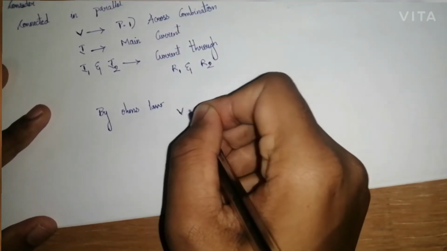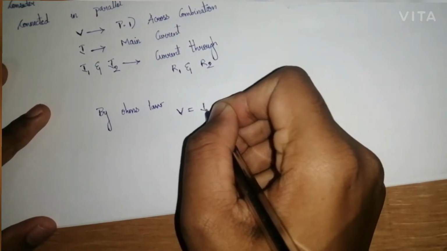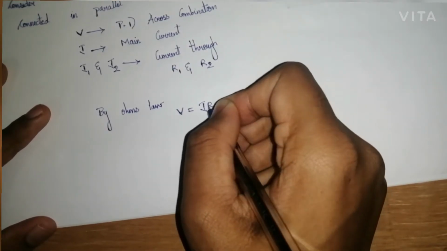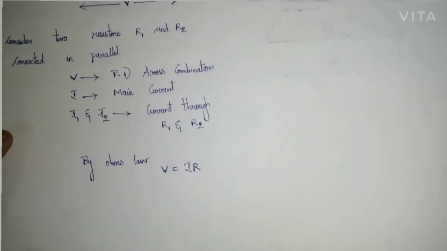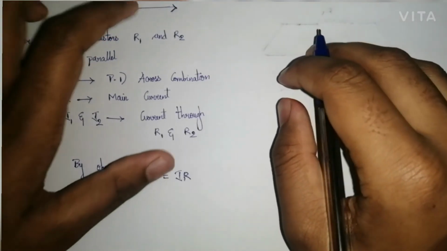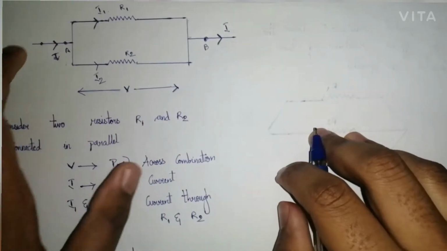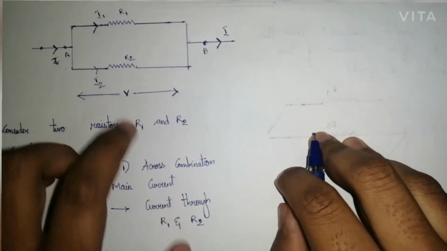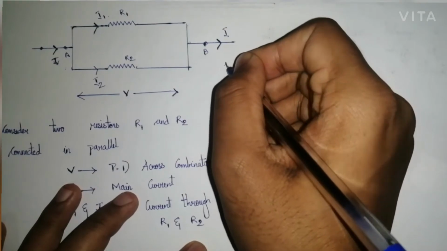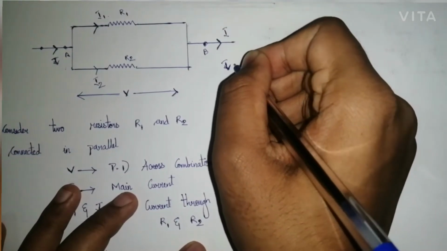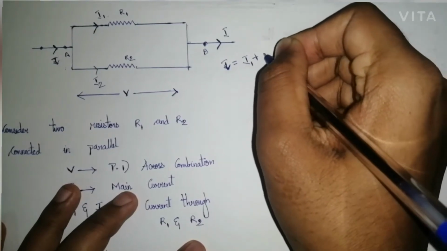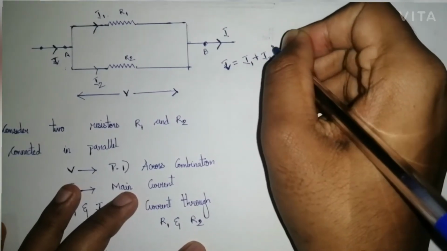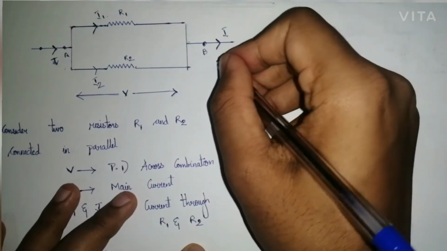As you all know, in your 10th standard you would have learned this by Ohm's law, V is equal to IR. As I told you, here the main current will be splitting into I1 and I2. So your I will be I1 plus I2. Very, very important point.